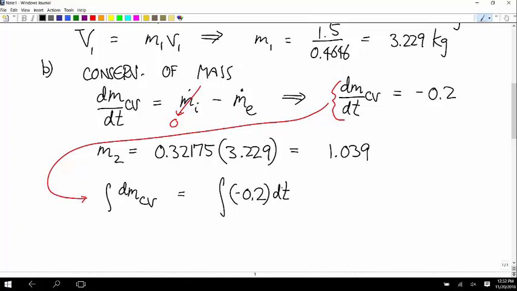Now we have to think about the boundaries. The time, we're going to call state 1 time 0. So 0 to t, and the t in the integral, the dt is just a dummy variable. For the mass, we're going to start at 3.229. That's the mass at state 1. And at state 2, we now know we're going to be at 1.039.